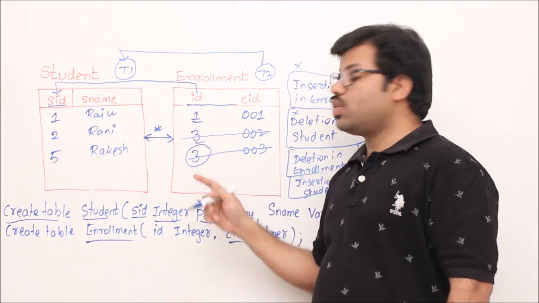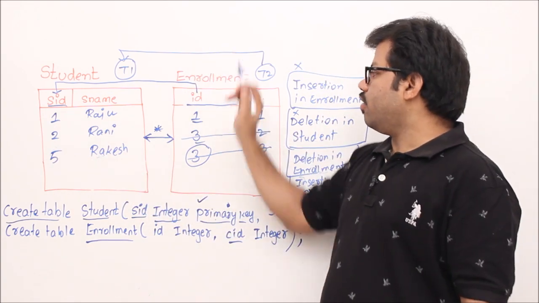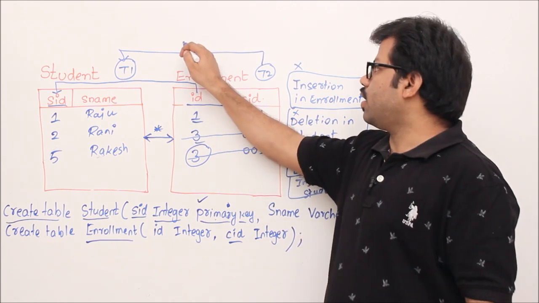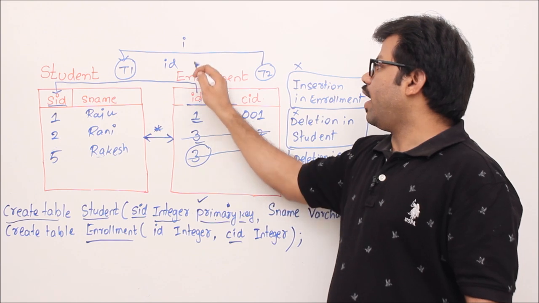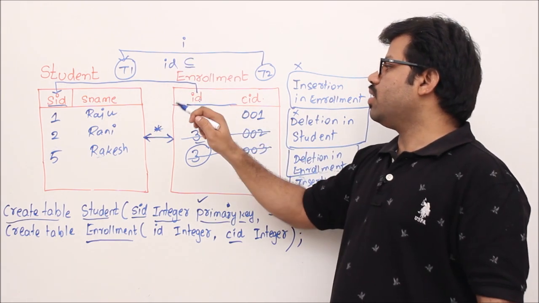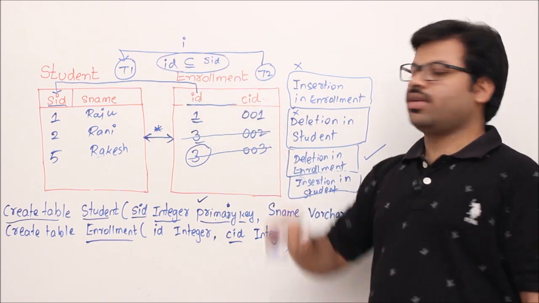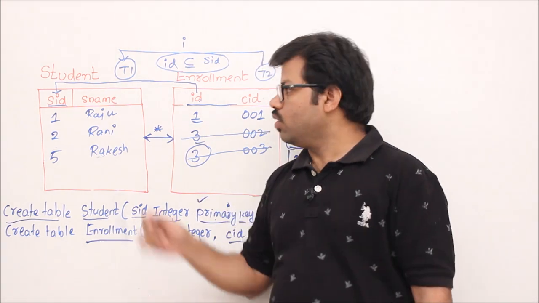So this ID field should not have values different from this SID. Forget about null values, I am not considering null values. Then whatever values this ID field has, that ID value should be a subset of or equal to SID, is the condition finally. So you should remember this.